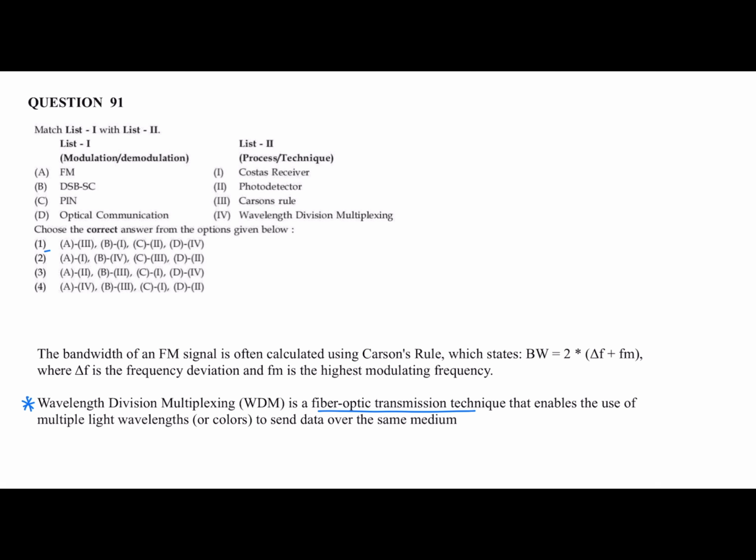The bandwidth of frequency modulation is calculated by Carson's rule: 2 into delta f plus fm, where delta f is the frequency deviation and fm is the highest modulating frequency.